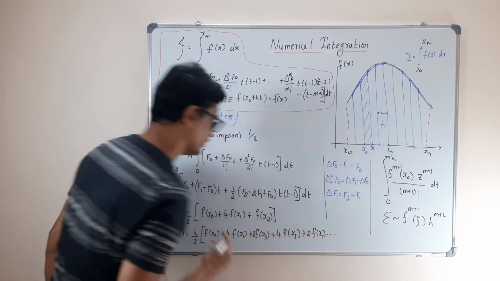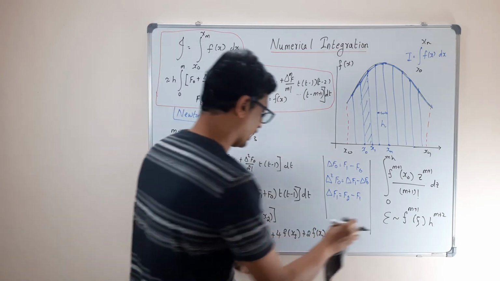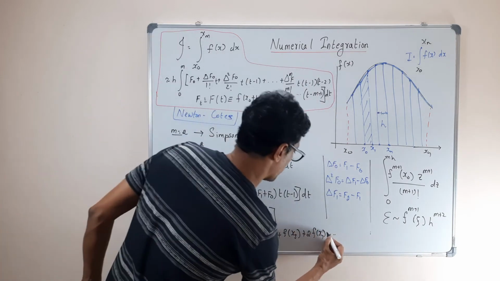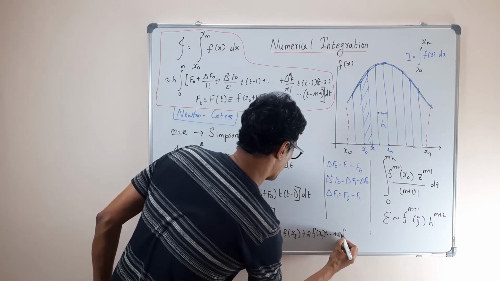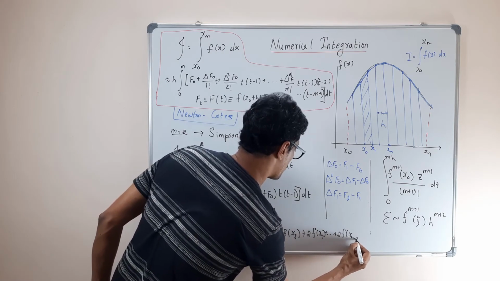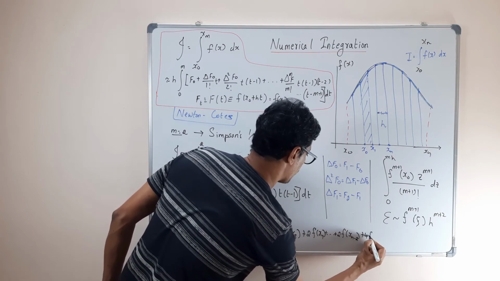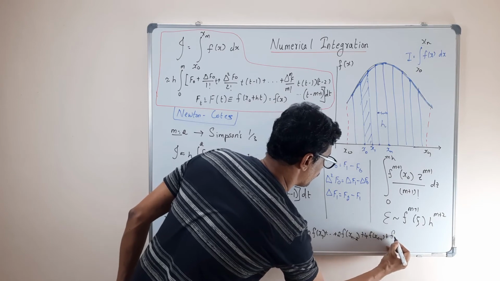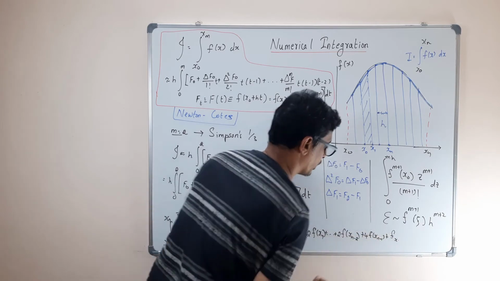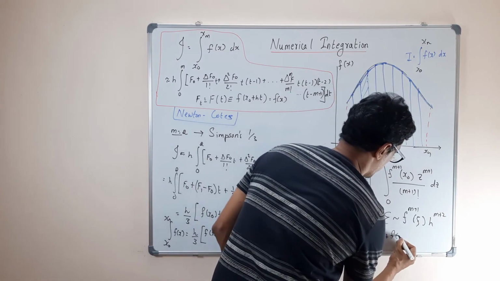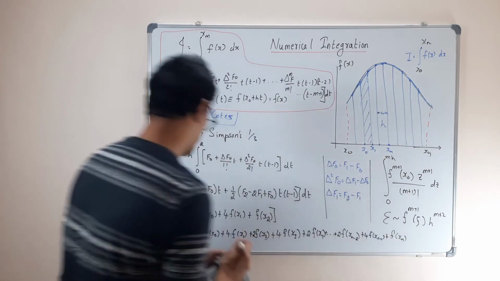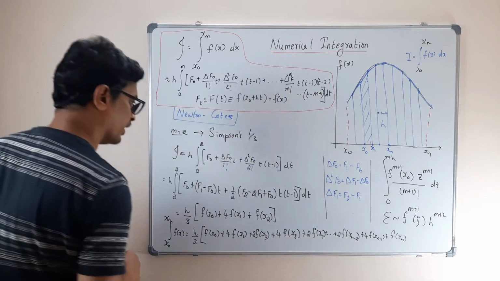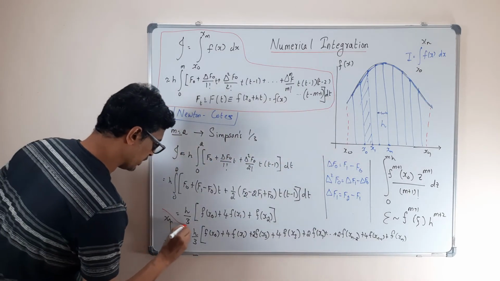It keeps on going, until the last terms will be plus 2 times f of xn minus 2 plus 4 times f of xn minus 1 plus f of xn. So this is our final formula for Simpson's one-third integration.